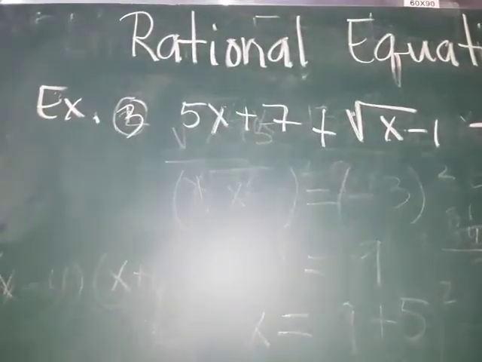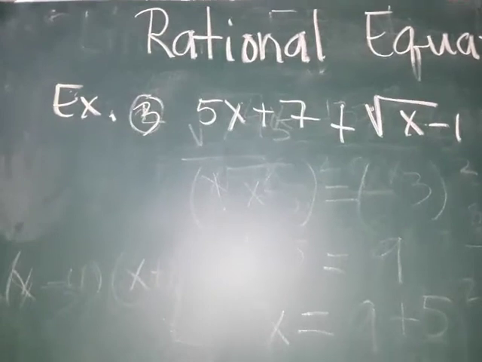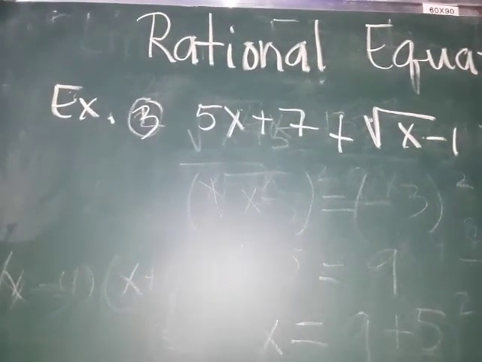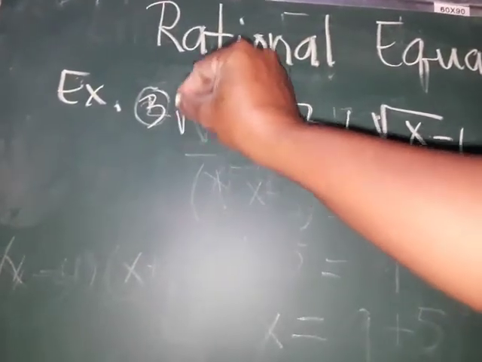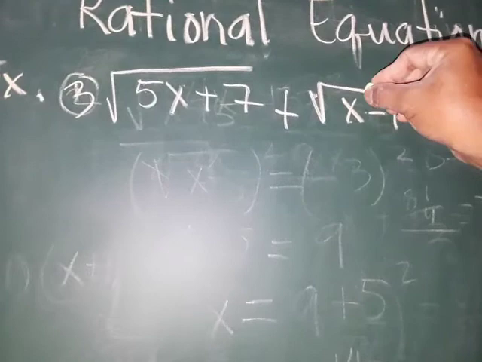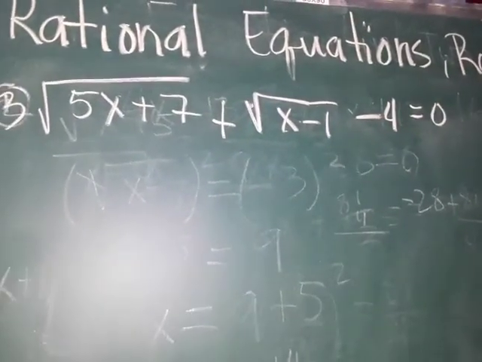Okay, ang susunod nating example for the radical roots and radical: we have square root of 5x plus 7 plus square root of x minus 1 minus 4 is equal to 0.